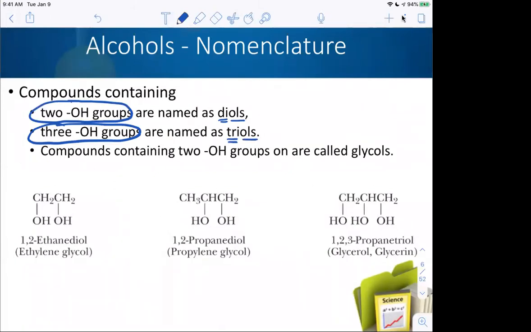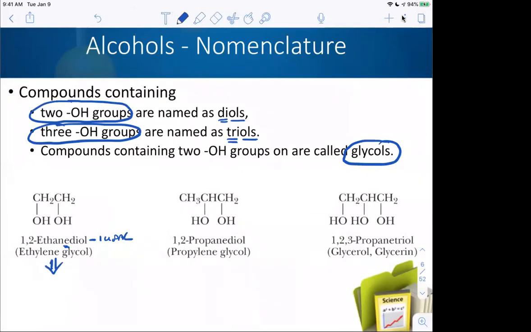And if I have 2 OH groups on 2 adjacent carbons, that's called a glycol. So notice this one, in terms of IUPAC, is 1,2-ethanediol, or it's called ethylene glycol.